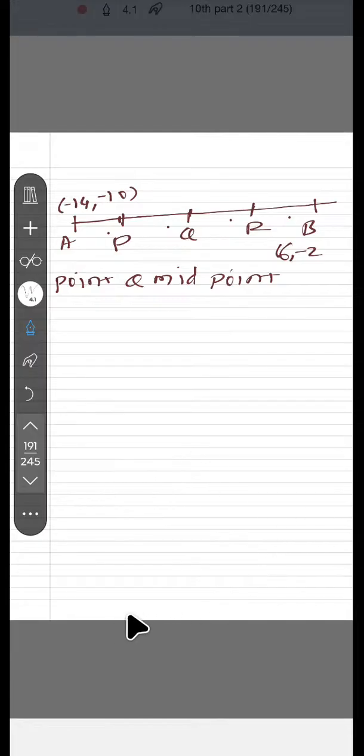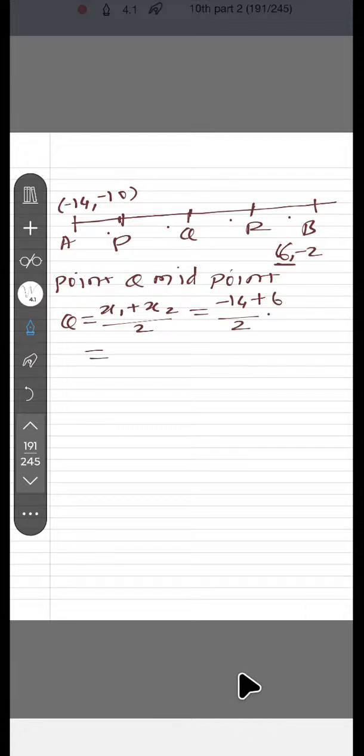Therefore the midpoint Q has x coordinate (x1 plus x2) divided by 2, which is minus 14 plus 6, divided by 2, which is minus 8 upon 2, which is equal to minus 4. And this is the x coordinate.